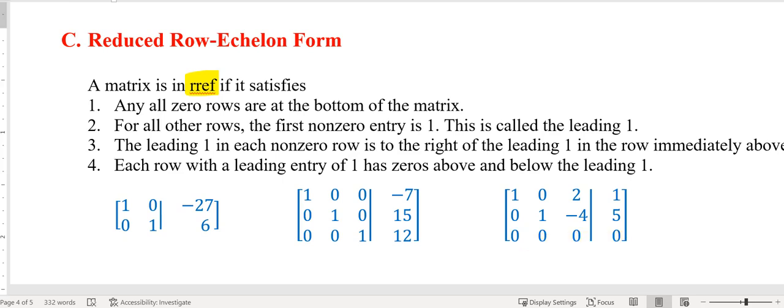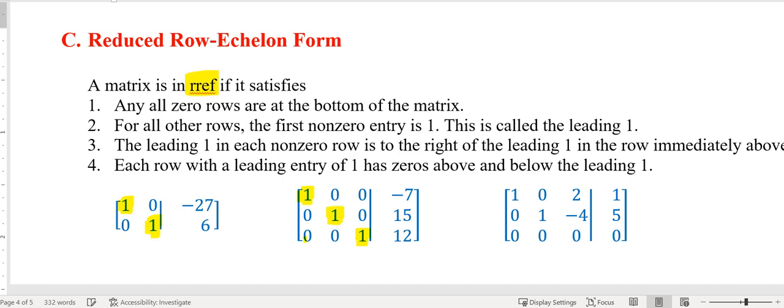For all other rows, the first non-zero entry is 1. So the first non-zero is a 1. The first non-zero in this row is a 1. First non-zero is a 1, 0. First non-zero is a 1, 0, 0. First non-zero is a 1, and so on.